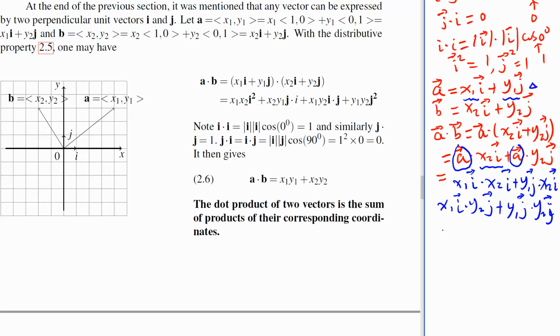Okay, what do we get? Here is x1 I, x2 I times I, I dot I here is 1. So then we have x1 x2.